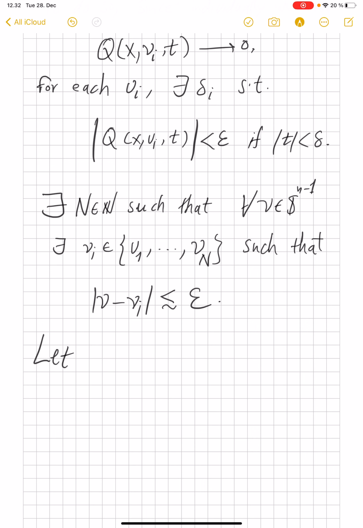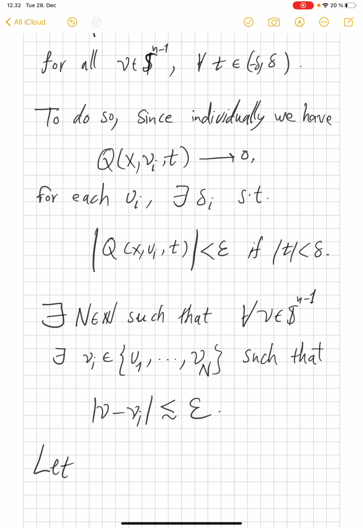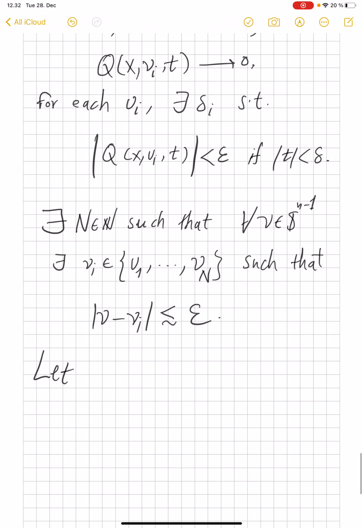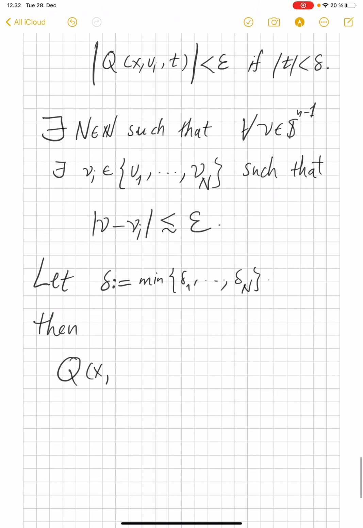Now you know what to do. For every vi we have some threshold, and then you take the smallest of them, the worst case scenario. So let delta be the minimum among delta 1 to delta N. Then, we wanted to estimate Q(x, v, t) for an arbitrary v.